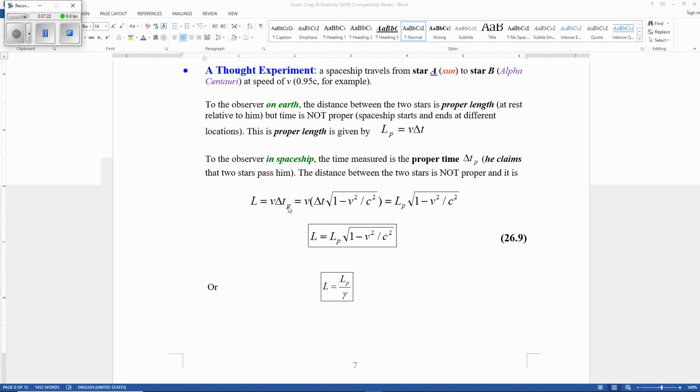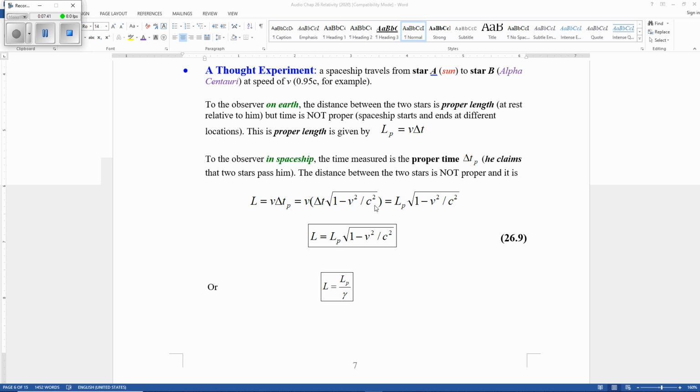Then we use the equation we studied last time for proper time: delta tP equals delta t times the square root of 1 minus v squared over c squared.